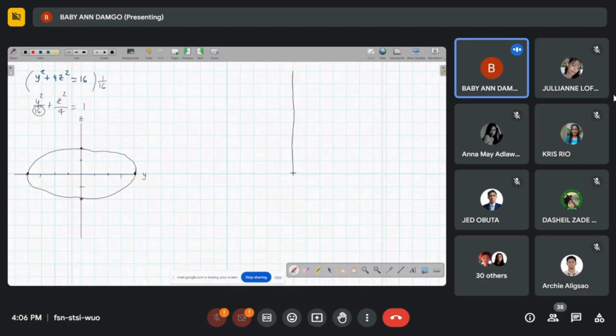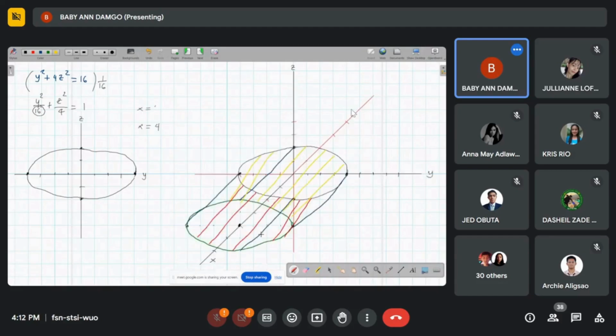Anong lahi ang kanyatang color? Y squared. This is the circle.